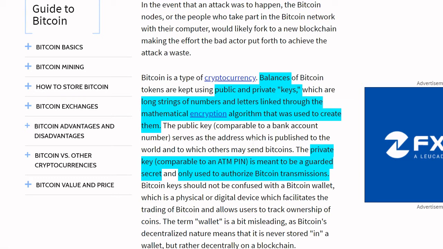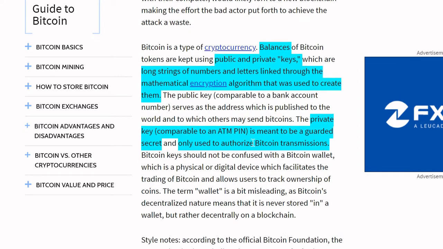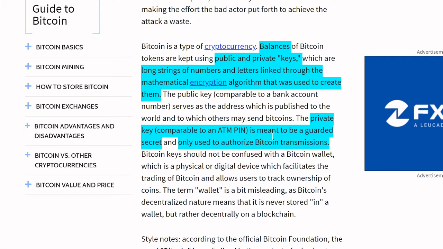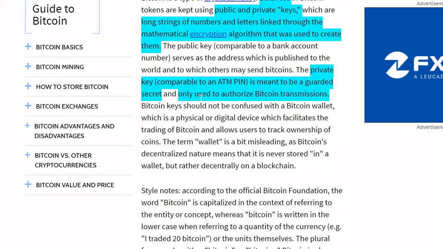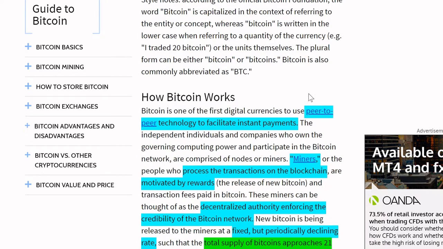You can think of private keys pretty much like an ATM PIN, and they are very important. You should not be showing them to anyone unless you want them to be able to access your money, which I don't think you do. Whenever someone asks you for these private keys, it will only ever be to authorize your Bitcoin transmissions, not for any other purpose.